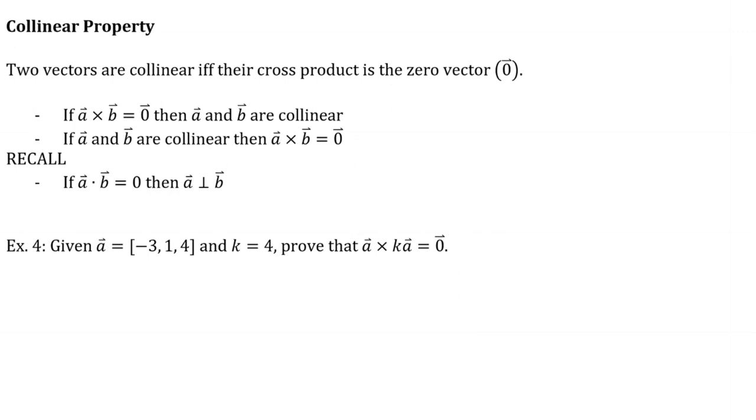If their cross product is 0, then they are parallel or collinear. So now we've got a test for both of these important situations where two vectors are going to be either parallel or perpendicular. So this is really useful.